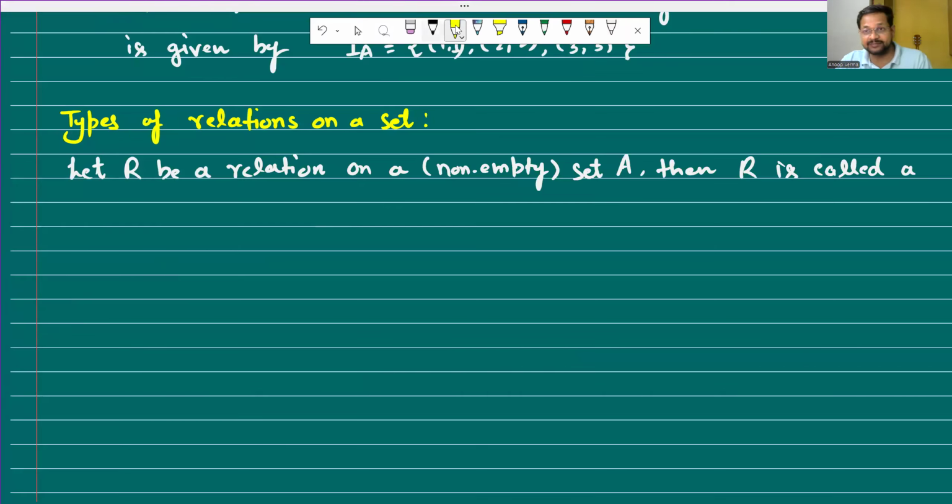We have three types of relation, that is reflexive, symmetric, and transitive.